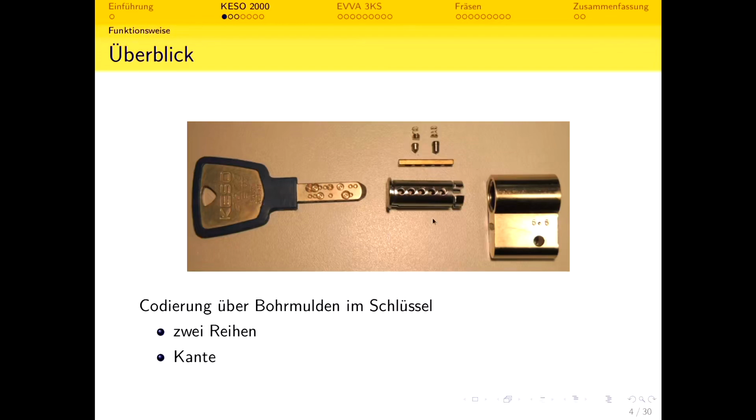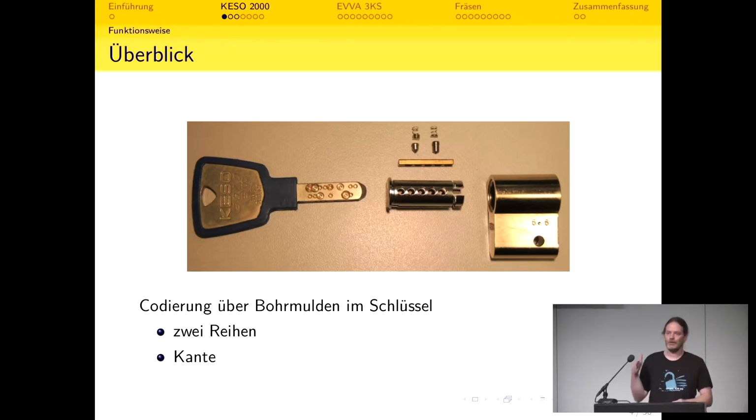And this system consists of a core, which you see at the top here. This is this little bar, and on top of that is a pin stack. This system comes from Switzerland, where these locks have a slightly larger diameter. In Germany, we have Euro profile cylinders, and they have this very characteristic shape.